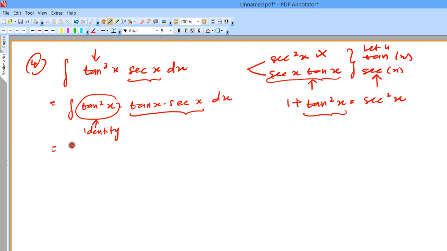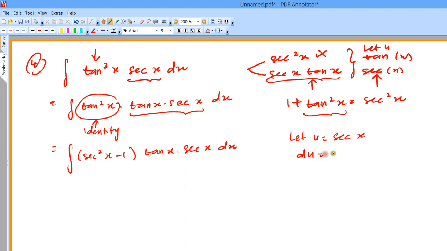So equal to integrate, substitute tangent square equal to secant square x minus 1, times tangent x times secant x dx. So now we can let u equal to secant x, and then du equal to secant x times tangent x dx, or dx equal to du over secant x tangent x.